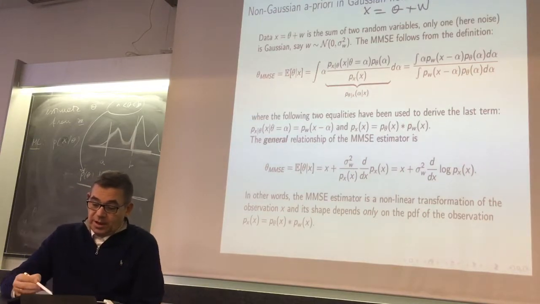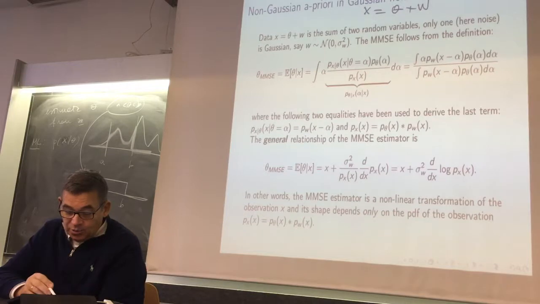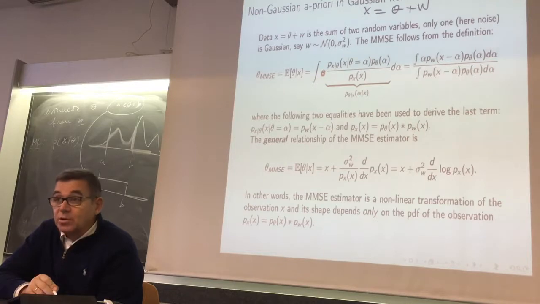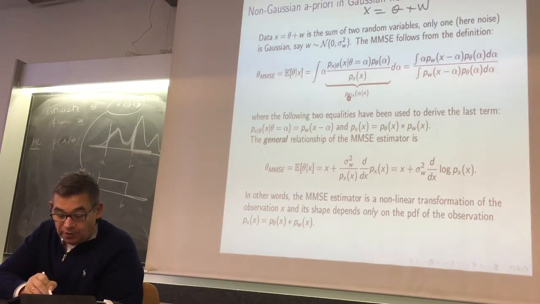Now, what I need to write is this way. Looking here, it is an integral, so the mean is an integral with respect to the dummy variable. Alpha is just a dummy variable of the a posteriori PDF. So it's P of theta given x, which is parameterized with respect to alpha.